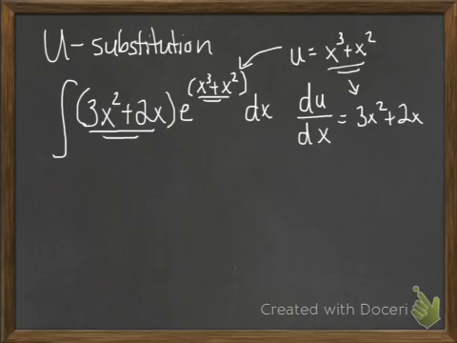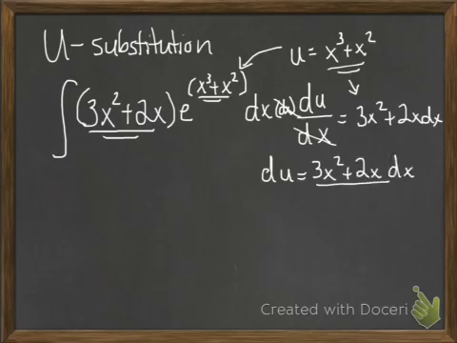So if we multiply both sides by dx, the dx's here would cancel, so you would have du, let me write that on this side, du equaling 3x squared plus 2x dx.